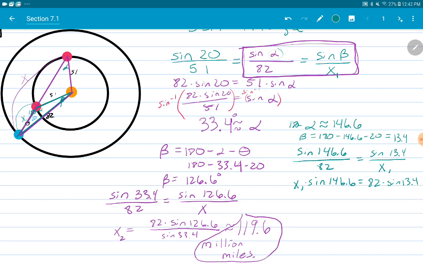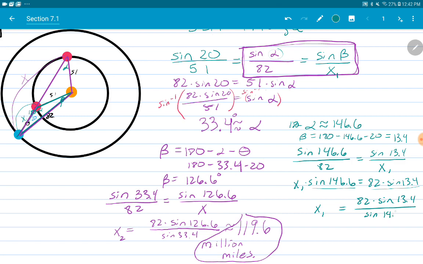And to get the x by itself, I'll divide both sides by sine of 146.6, and I get x1 equals 82 times sine of 13.4 divided by sine of 146.6.